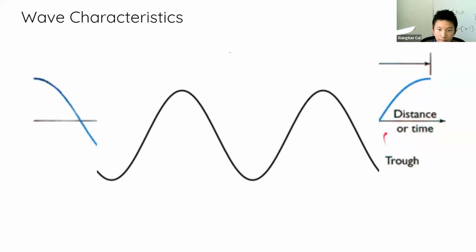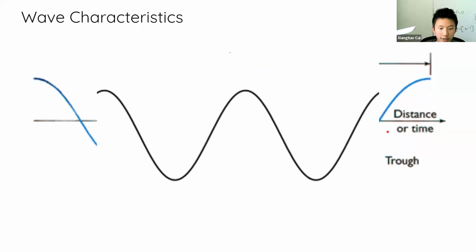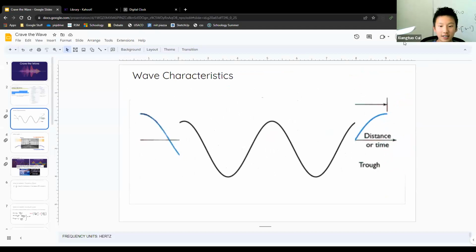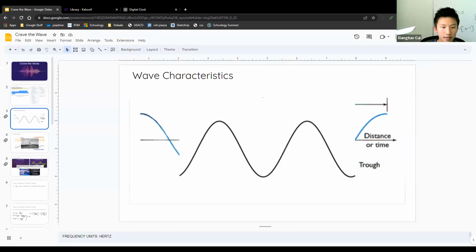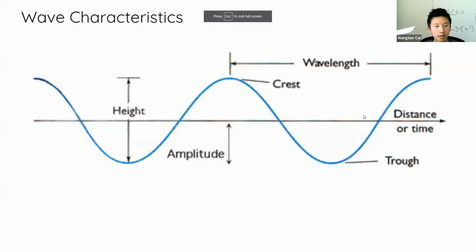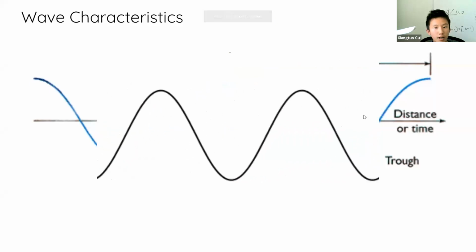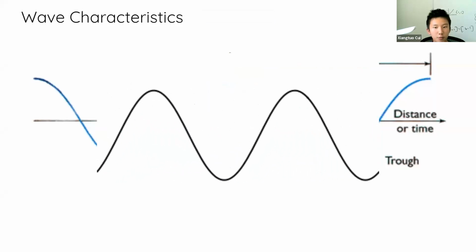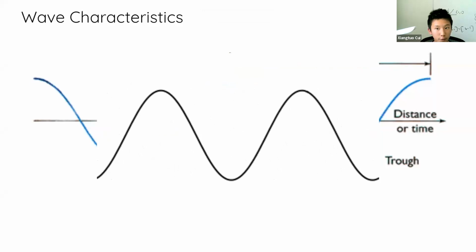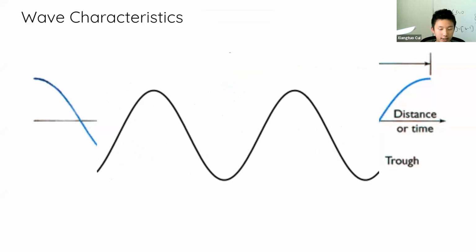And the number of waves that pass through per second is called the frequency. The frequency is very related to the period, as we will see in later slides.